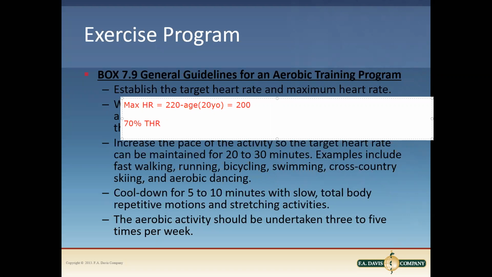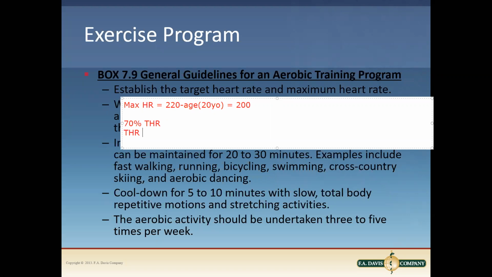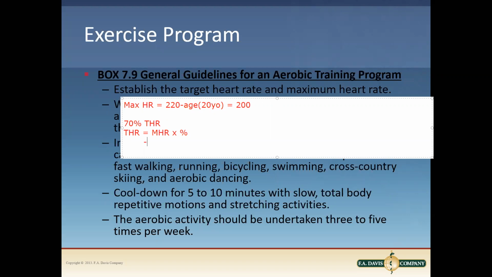Your target heart rate is going to be your max heart rate times whatever your percentage is. Right. So again, if we have 200 in this case, equals 200 times 70%, right? Same thing as saying 0.7.